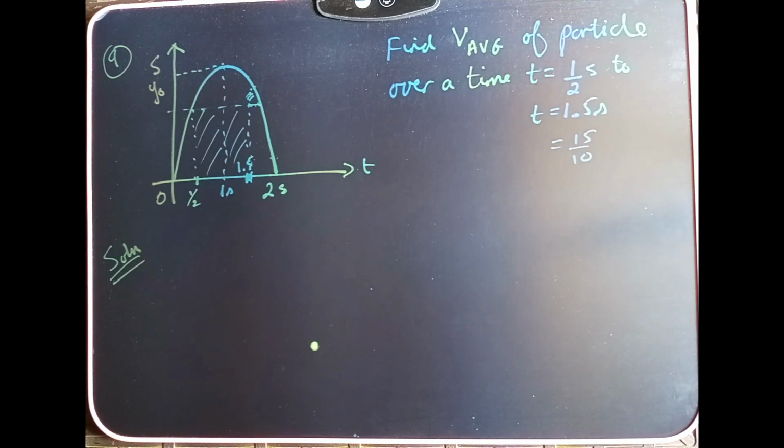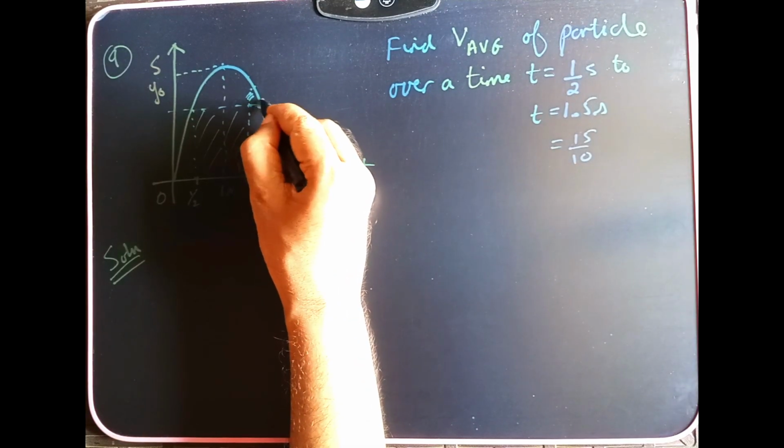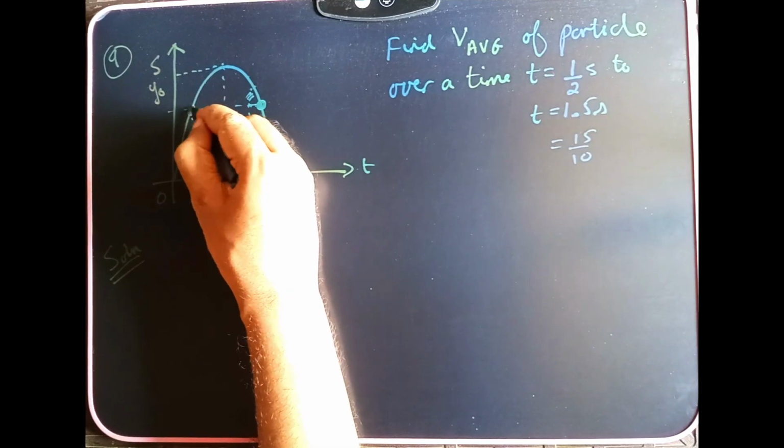How will you find the average velocity? Can we find the average velocity? Can I take these 2 points, this as 1 point and this as another point?